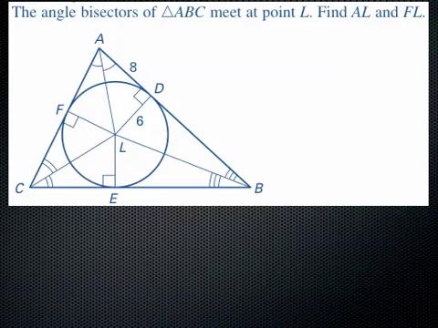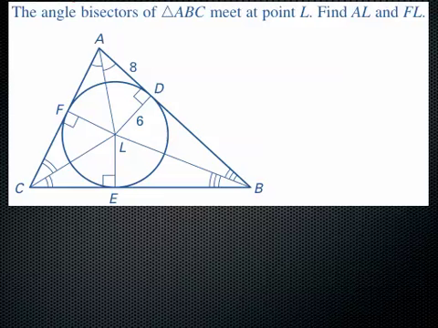The angle bisectors of triangle ABC meet at point L. Find AL and FL. Again, we have angle bisectors. In this case, they're meeting at point L. If the angle bisectors are meeting at point L, that means point L is equidistant from the sides of the triangle. It asked me to find AL.